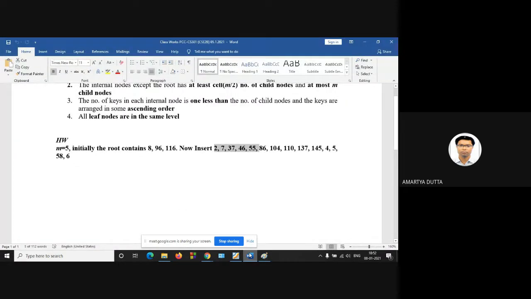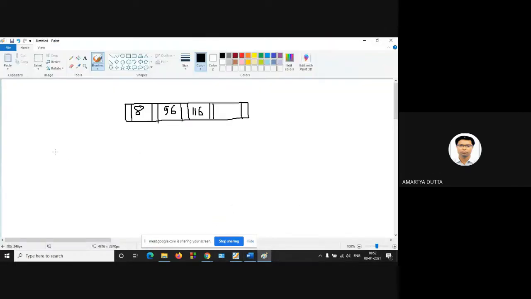Now you have to insert 2, 7, 37. So 2 means... write down 2 and 7 here. 2 and 7.